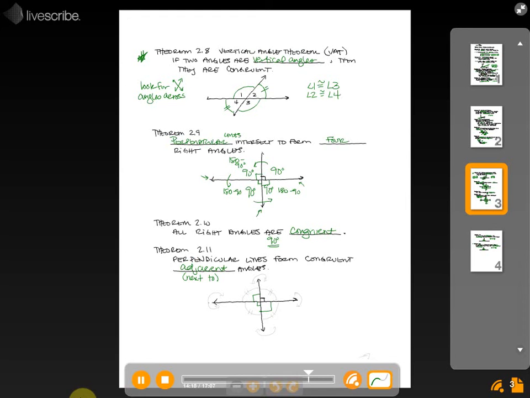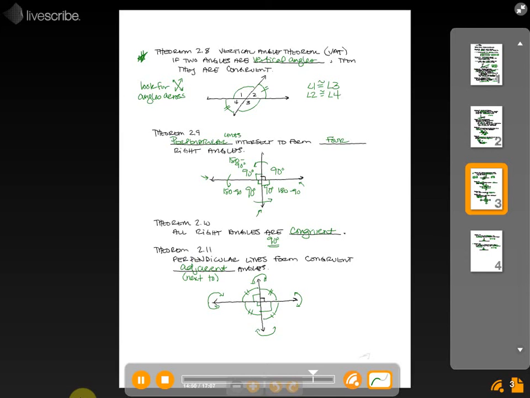Now since we talked in 2.10 that all right angles are congruent, all of these angles are congruent to each other. And that's what this theorem says, that the ones next to each other are congruent. The ones adjacent. So these two up top, these two over here are congruent, these two on the bottom are congruent, these two on the right are congruent. That's what this theorem says.